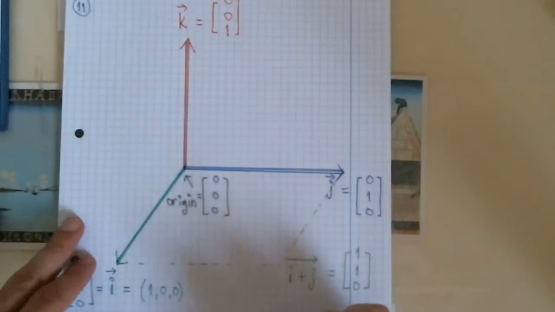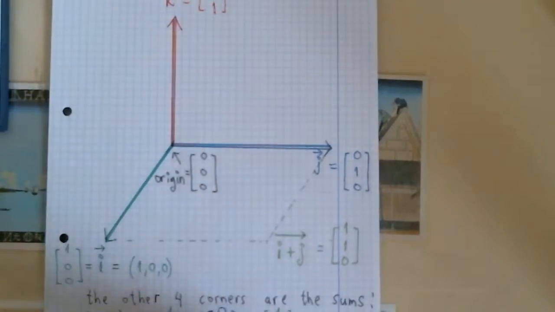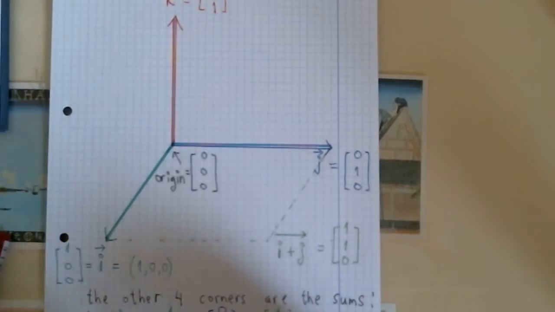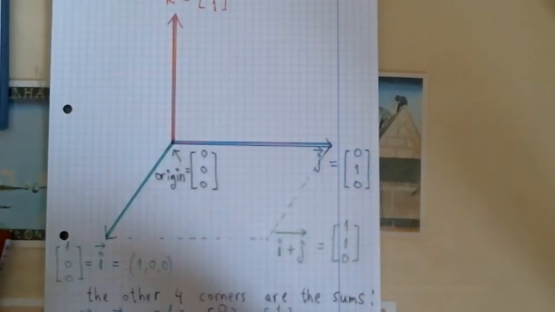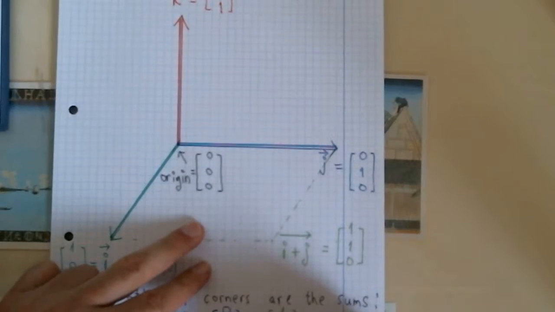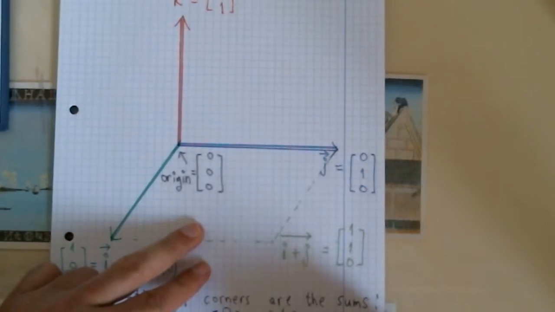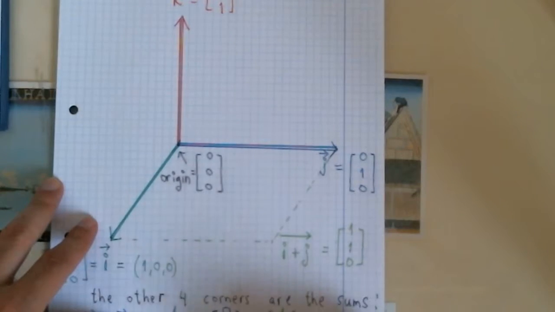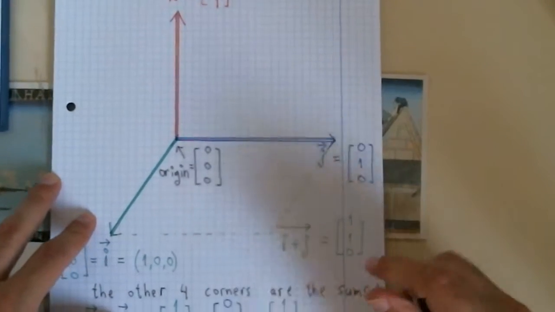So the green vector plus the red vector gives us, let's make it in orange, the first component plus the first component is 1 plus 0 gives us 1.